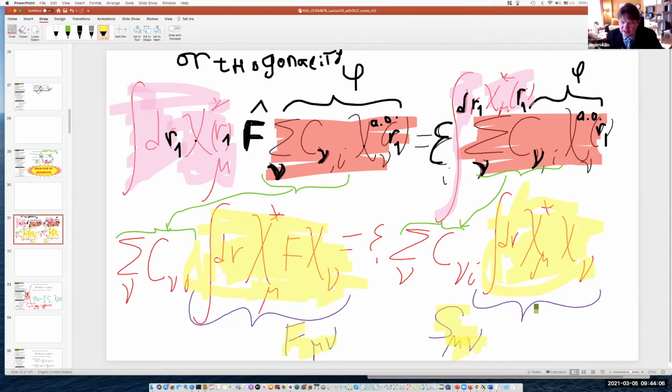So the yellowish thing on the right is our overlap matrix element. If we would apply this theory for one atom only, then this S sub mu nu will convert into delta function. Will be either 0 or 1. In practical calculations for molecules, it can be anything between 0 and 1.